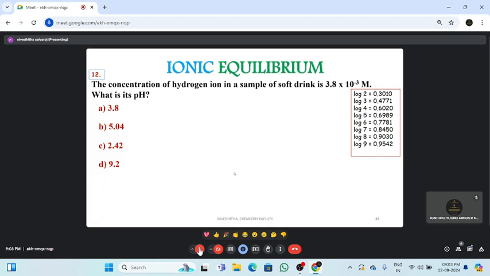What is the formula to calculate pH using H plus ion concentration? So minus log H plus ion.